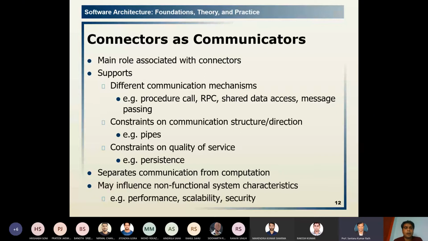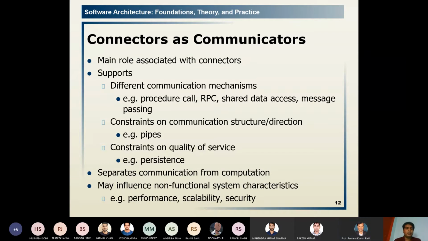So first one, the connector is the communicator. Here the main role associated with the connector is that it supports different communication mechanisms. When connectors act as a communicator, they support different communication mechanisms: procedure call, remote procedure call, shared data access, message passing. These are some communication mechanisms.